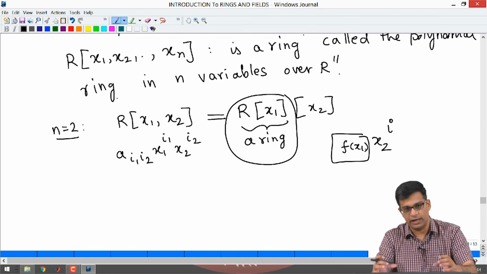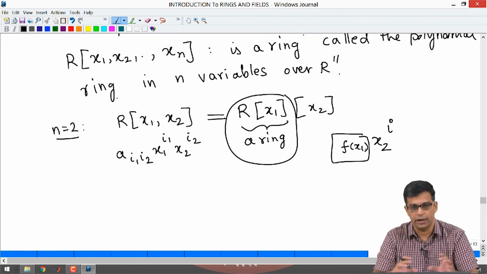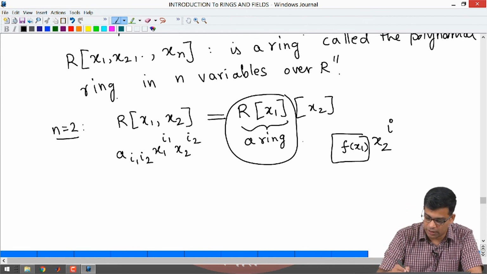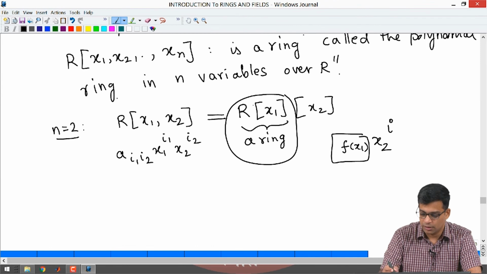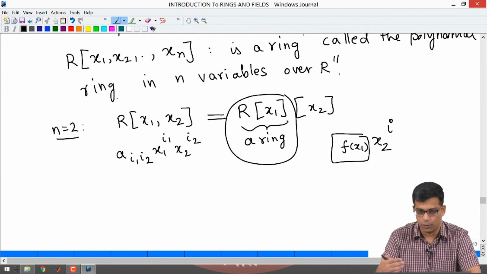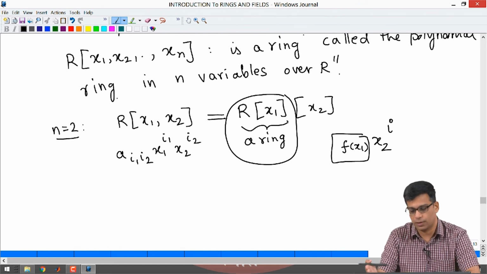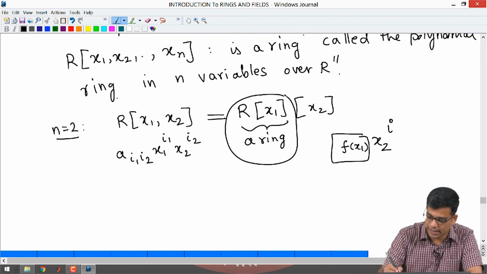So, they are really looking at the same thing in two different ways, and the advantage of thinking in these terms is that this is a process that you already understand, because earlier we discussed, given a ring R, how to construct a polynomial ring in one variable, and that is exactly what I have done here.